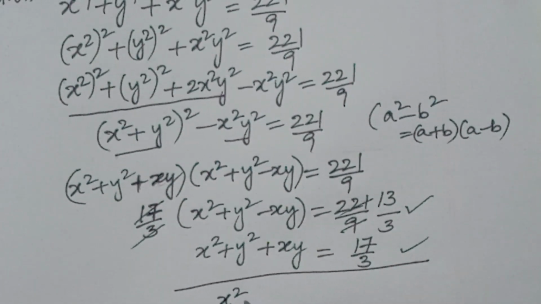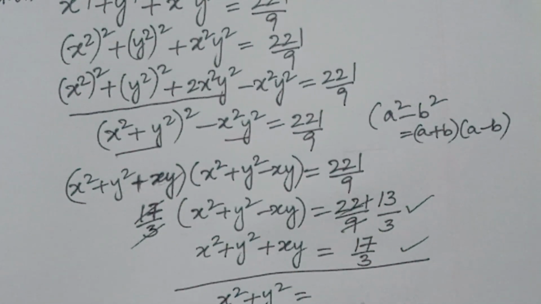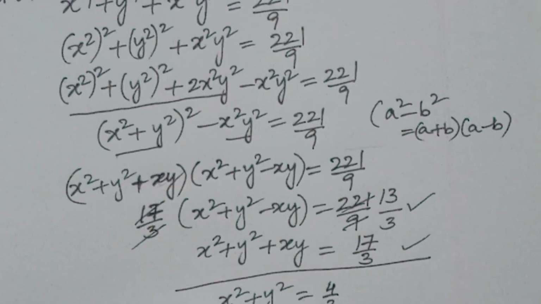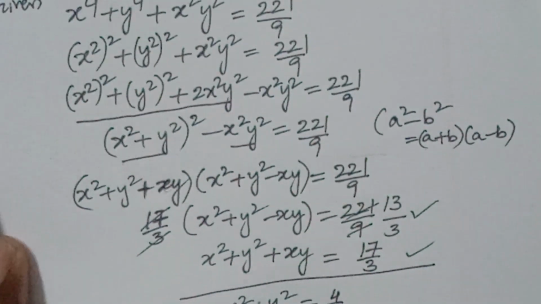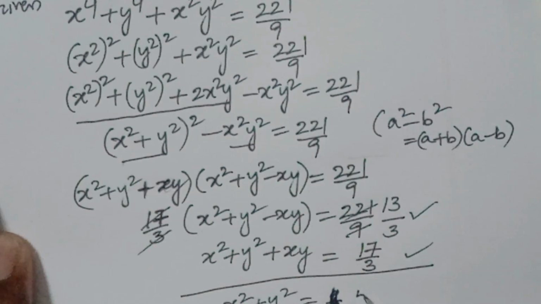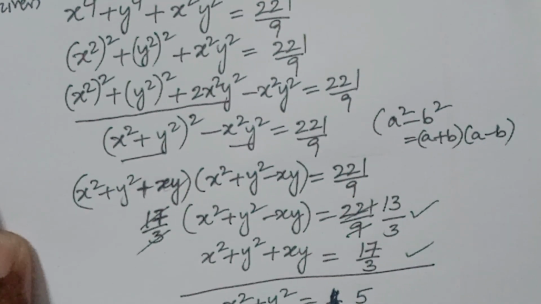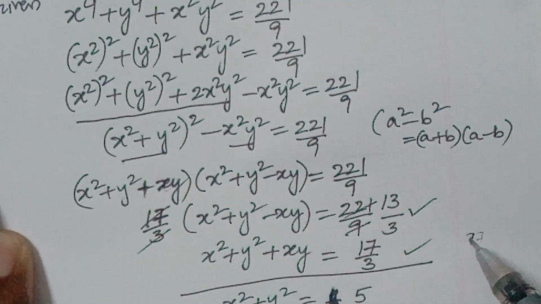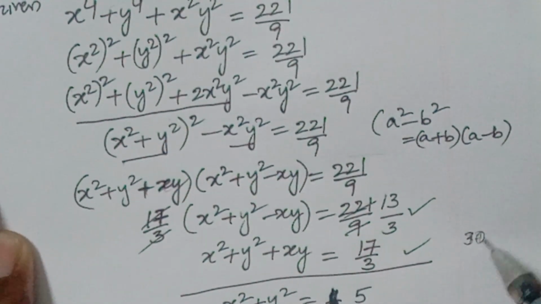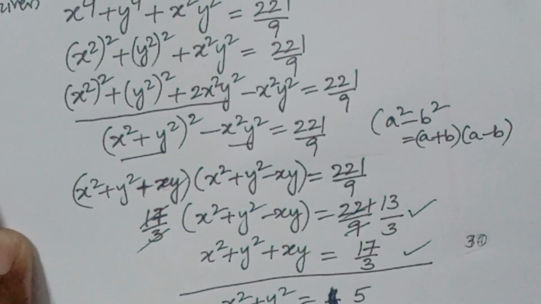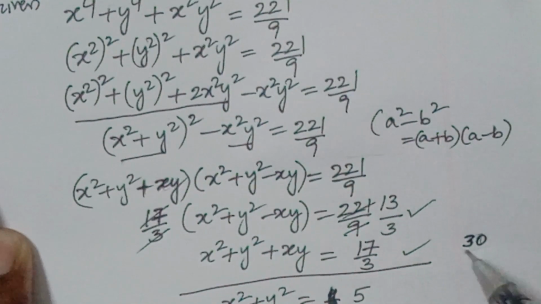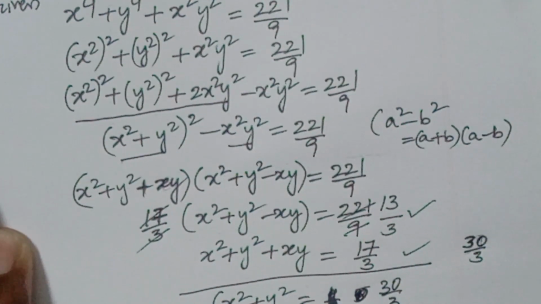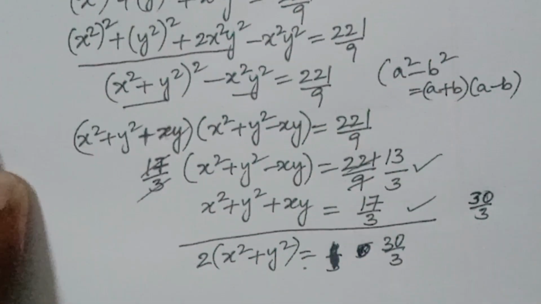So here, adding, 17 plus 13 is 30 by 3. 30 by 3, here you will get 2 times x square plus y square.